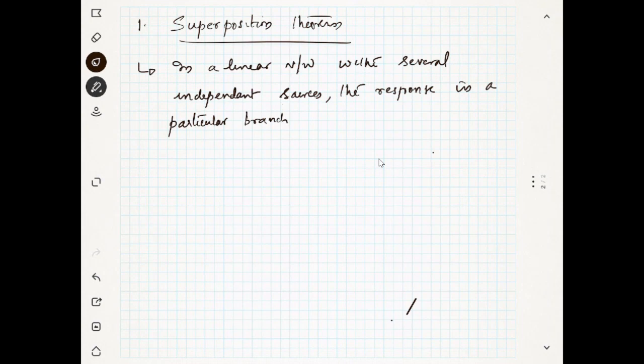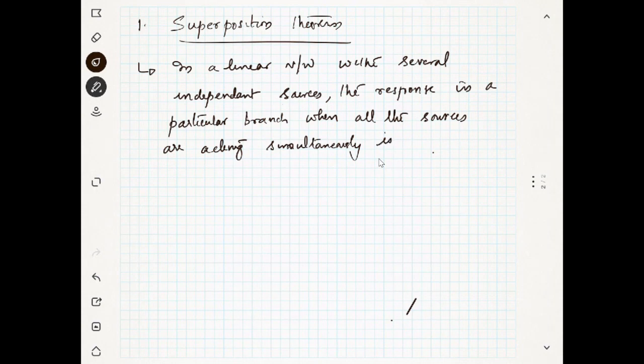For example, all the sources are acting simultaneously. That means all the sources are acting together. That is known as simultaneously. That means you have a lot of sources in a network and everything is acting together.